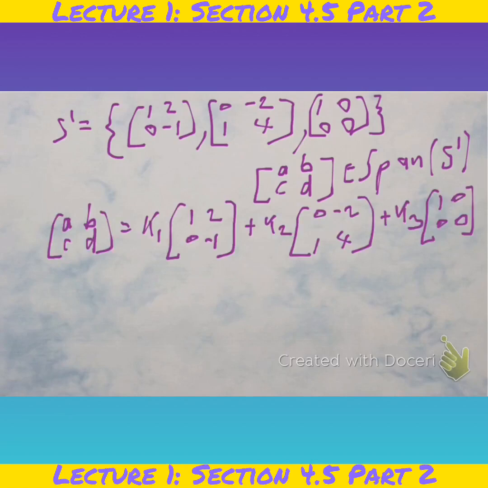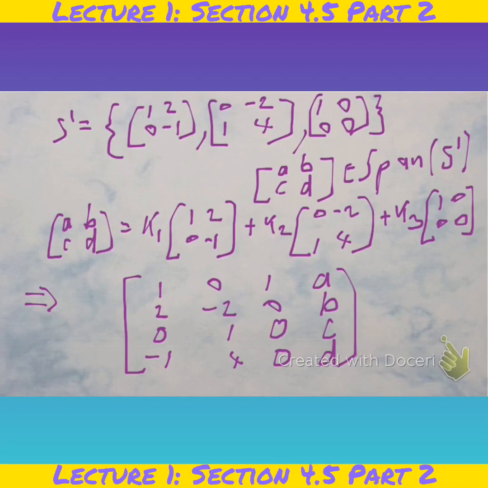What needs to hold for A, B, C, D to be in the span of S prime? We need to find K1, K2, and K3 such that that matrix equation holds. For this to hold, we have a system of linear equations with 3 unknowns, K1, K2 and K3. And how many equations are you going to have? You're going to have 4 equations.